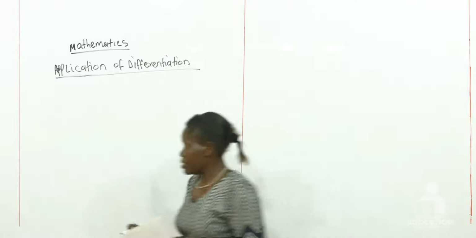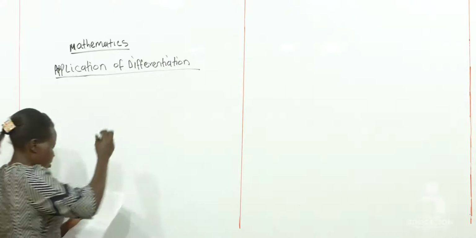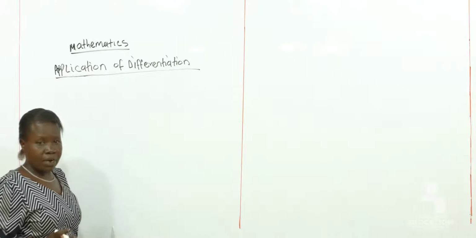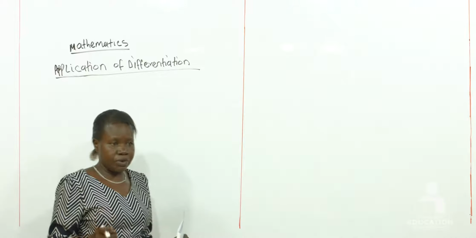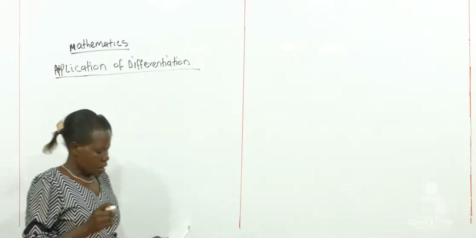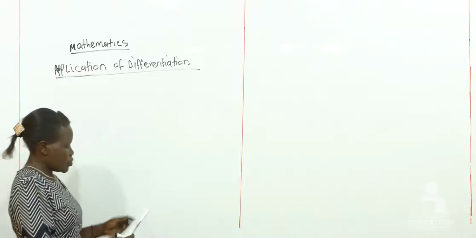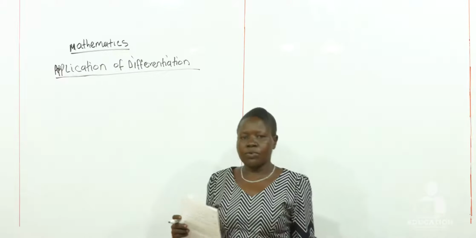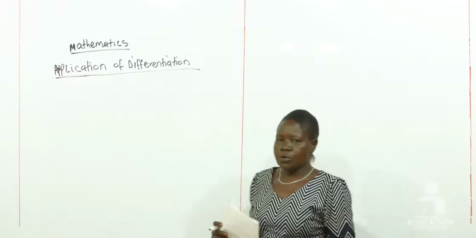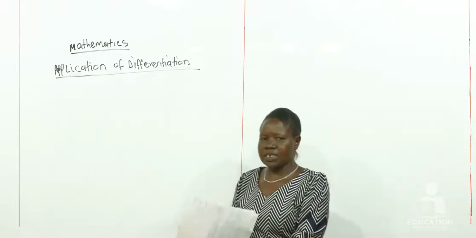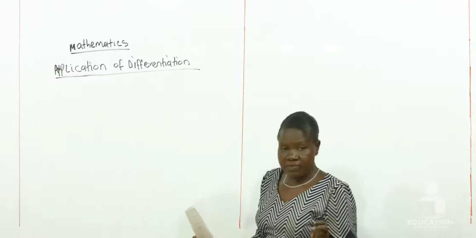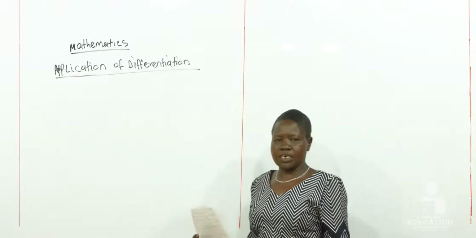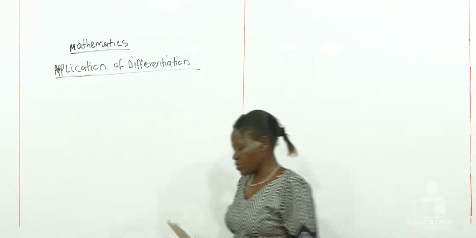We also looked at how to identify the types of stationary points, which we said are three: minimum, maximum, and a point of inflection. And how do we identify these categories of stationary points? We said we can identify using two methods. The first one, using the first derivative of a function, and the second one using the second derivative of a function.